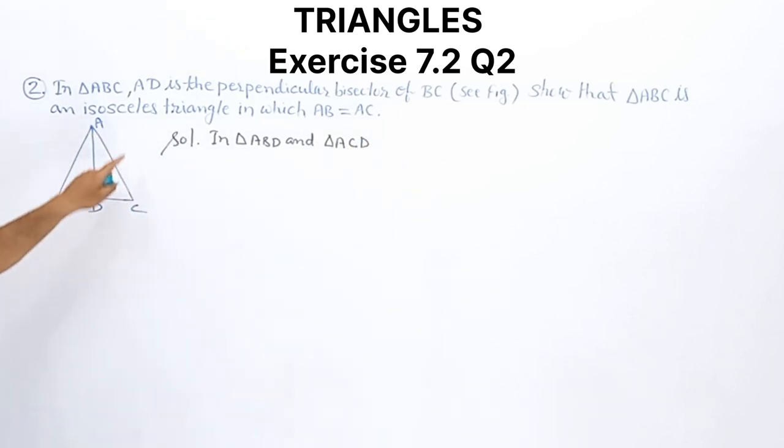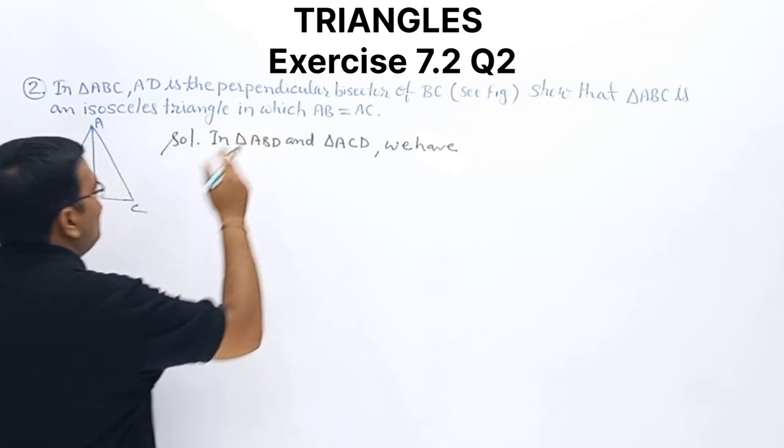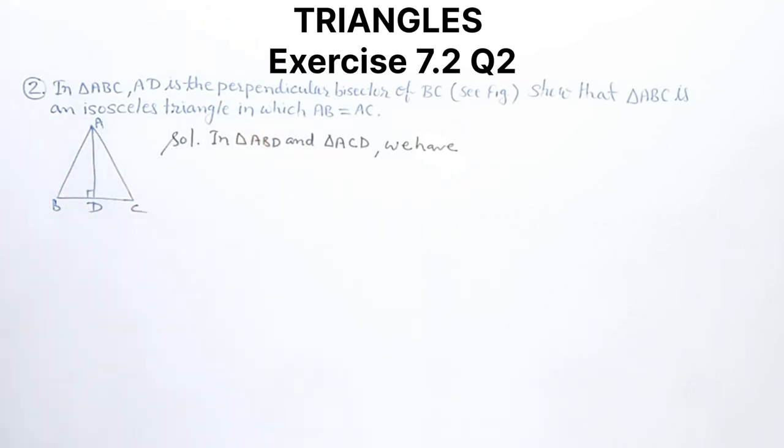In triangle ABC, AD is perpendicular to BC and it is bisecting, so we get two right triangles, one is ABD, another one is ACD. In these two triangles, we have something given in the question and something we will observe, then we will prove whether these two triangles are congruent or not. So what things do we have?